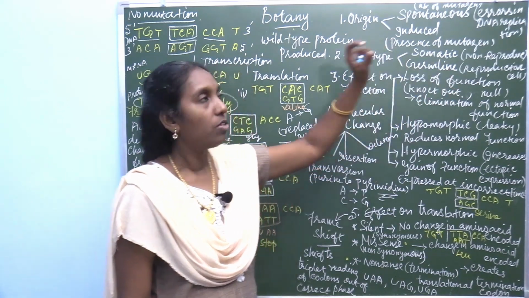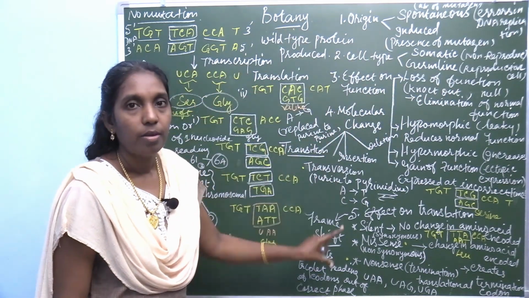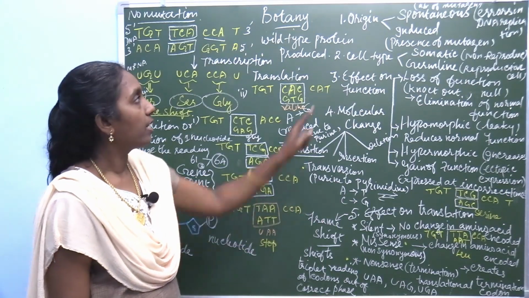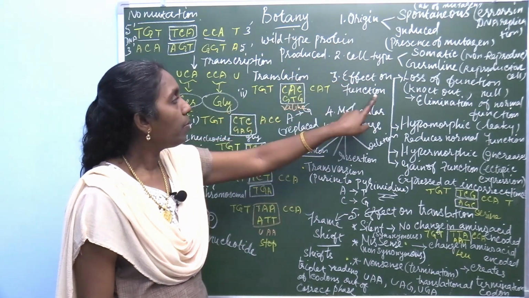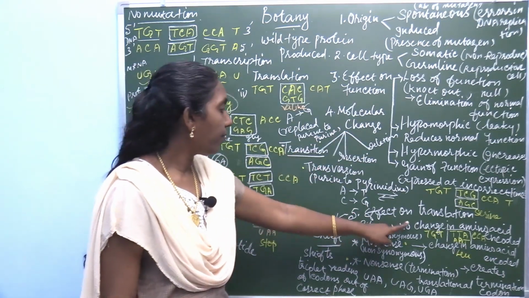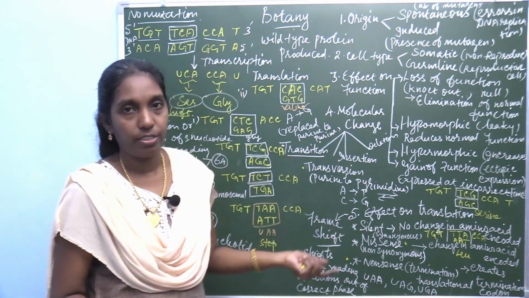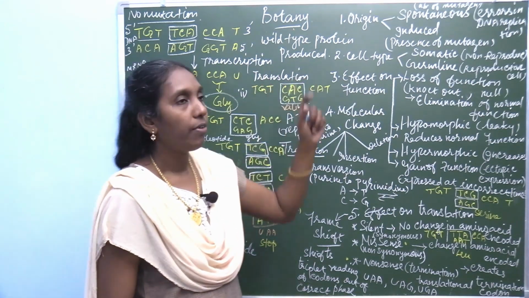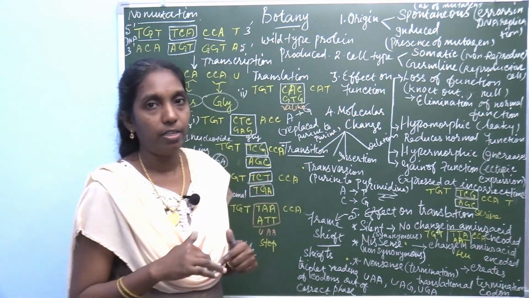First you learn all the basic categories. What are the different categories? Origin, cell type, effect on function, molecular change and effect on translation. The first type, depending upon the origin, is classified into two: spontaneous and induced.